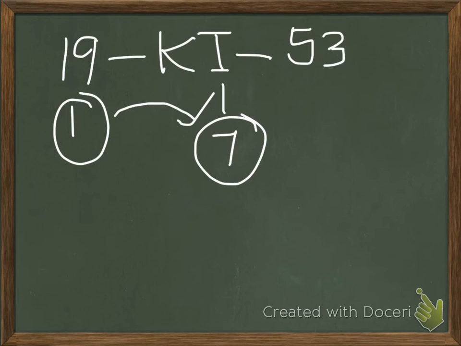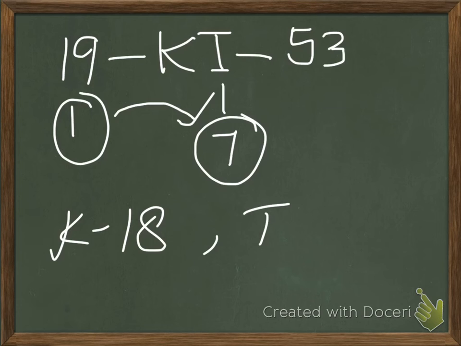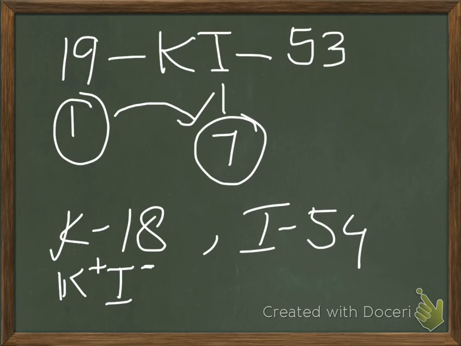When it transfers to iodine, iodine attains its stability and potassium also. So K becomes 18, iodine becomes 54. Potassium becomes a cation and iodine becomes an anion.